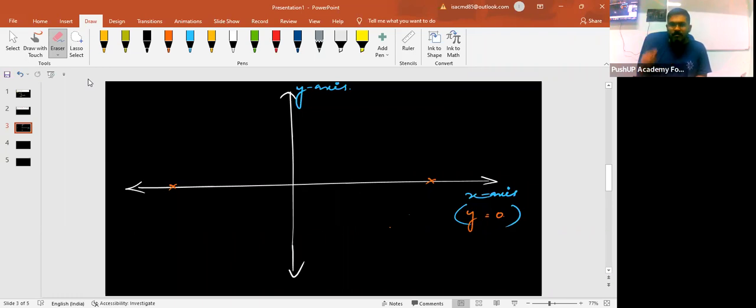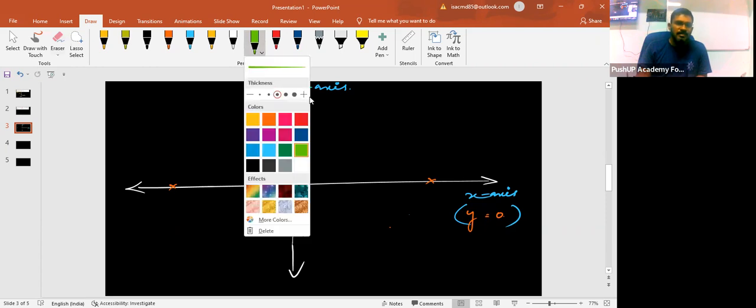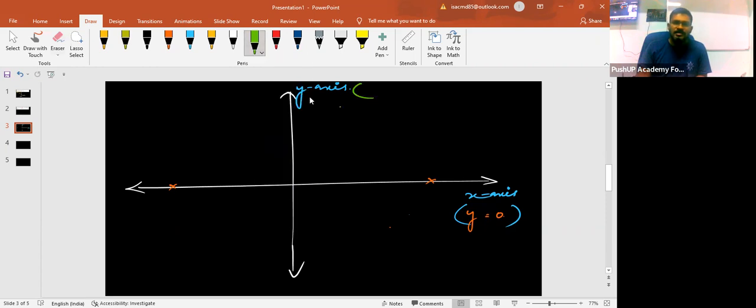All right, I have one more question. What would be the equation of the y-axis? X is equal to 0, isn't it? The equation of the y-axis would be what? X is equal to 0. What is the reason behind it? You know, on the y-axis, every time the x coordinate remains a 0, isn't it?